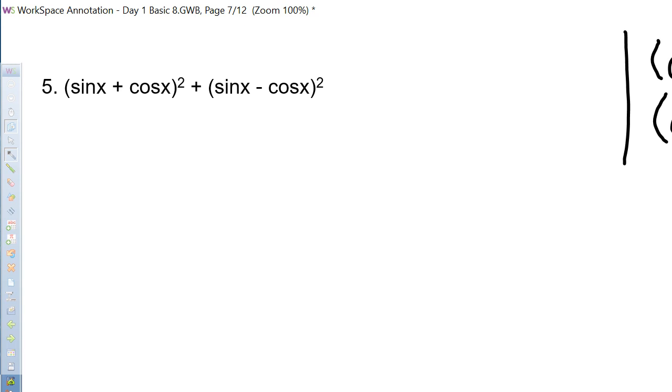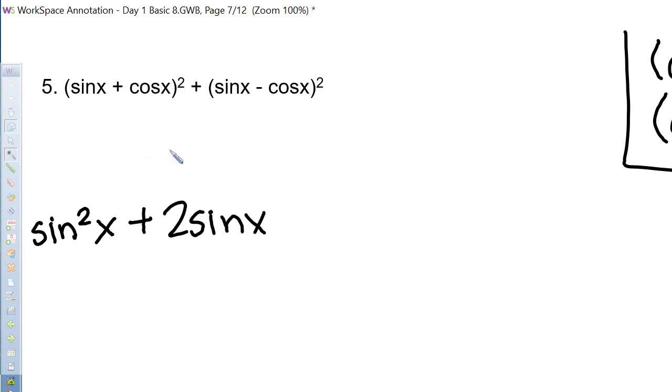So for number 5, square the first term, what does that give me? Sine squared of x. Multiply these, what do you get? Sine x, cosine x, and double that, it gives us 2 sine of x, cosine of x. Square the last term, and cosine, when you square it, gives you cosine squared of x.